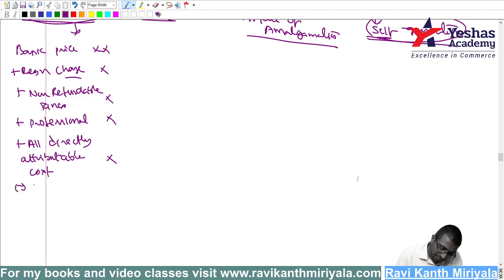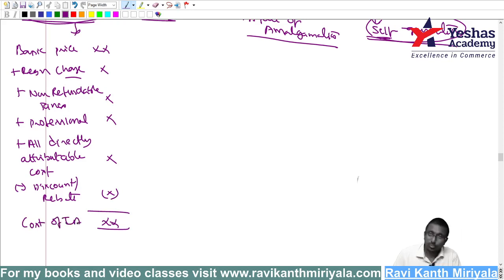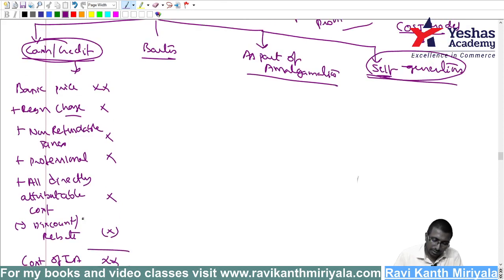Minus if there is any discount, rebate, anything like that, obviously we are going to cut it. This is the cost of intangible asset. Perfect. And with respect to barter, this barter is not like accounting standard 10.